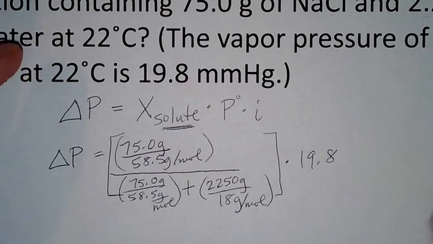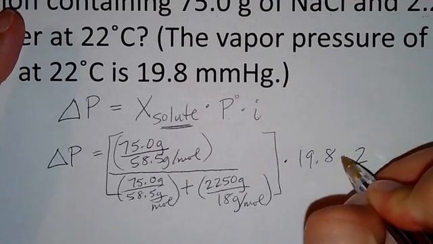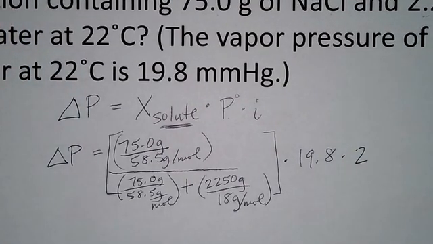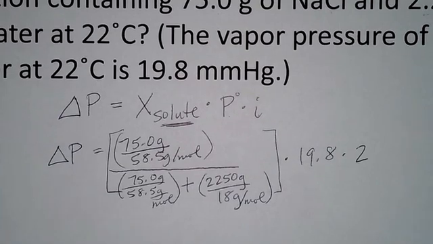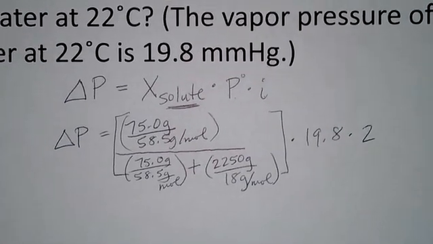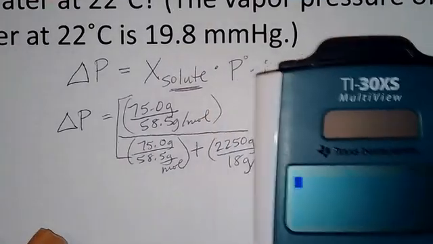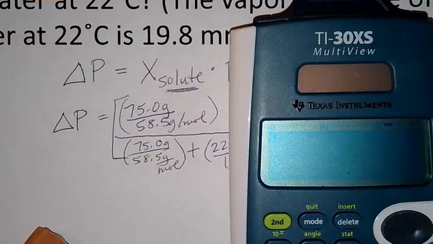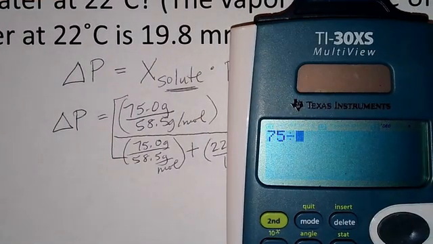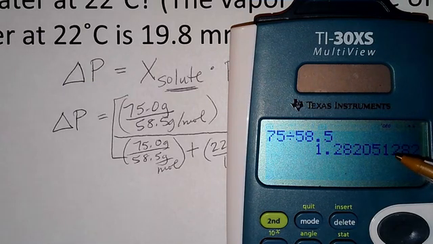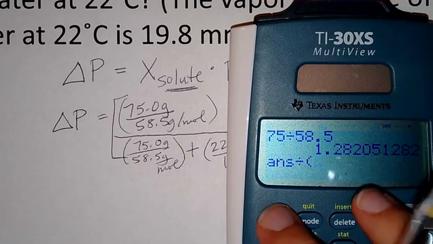Alright, so now let's do our math to get our mole fraction of solute. So 75 divided by 58.5. This is my moles of my sodium chloride, which goes on the top. We're going to divide by that same thing, plus our moles of water.